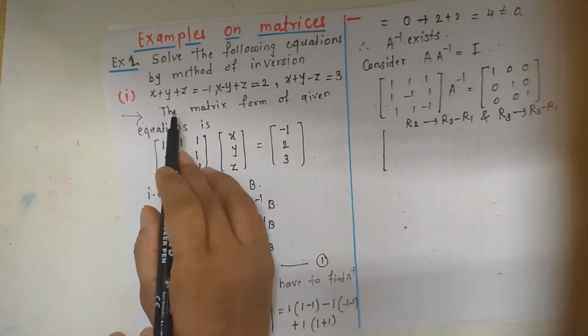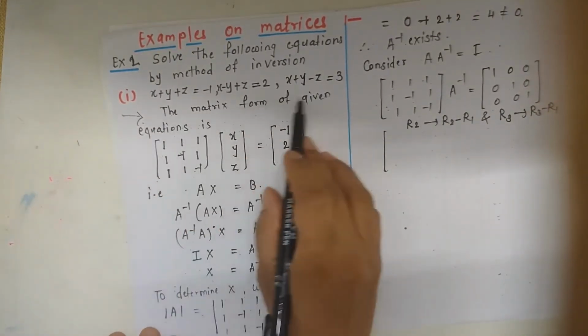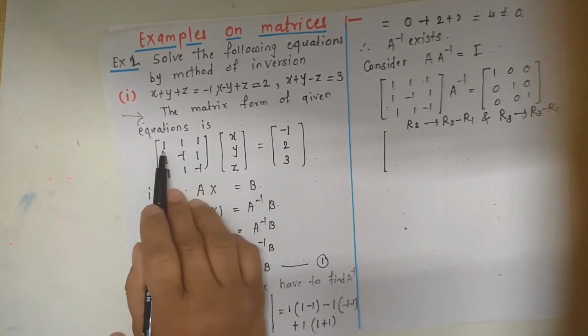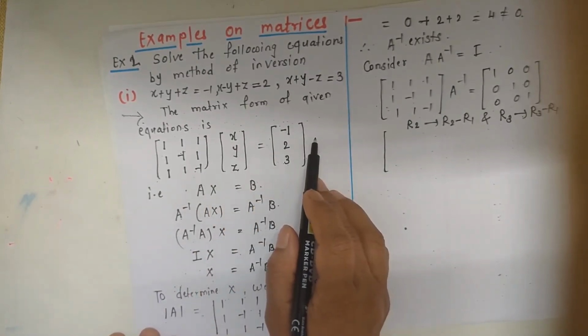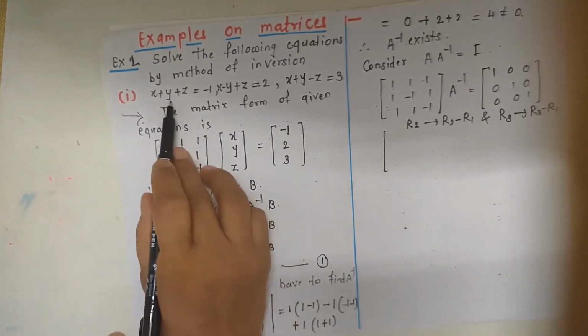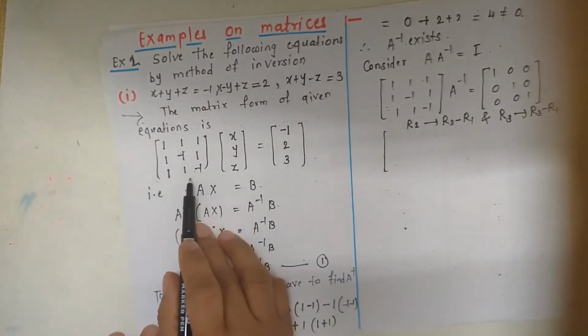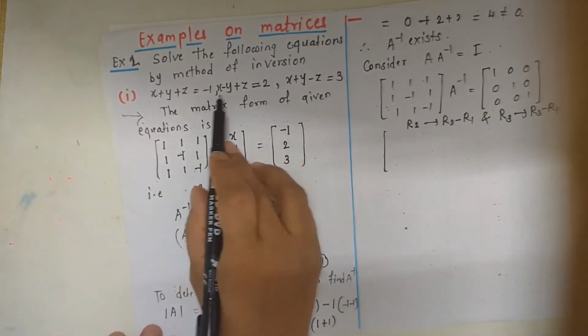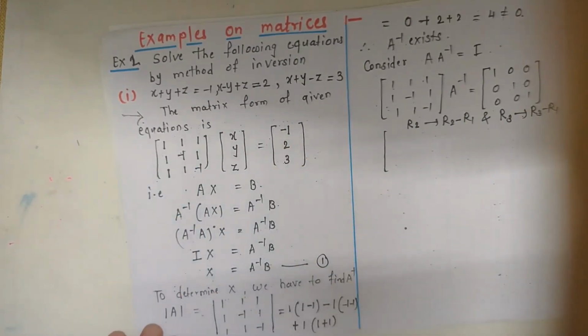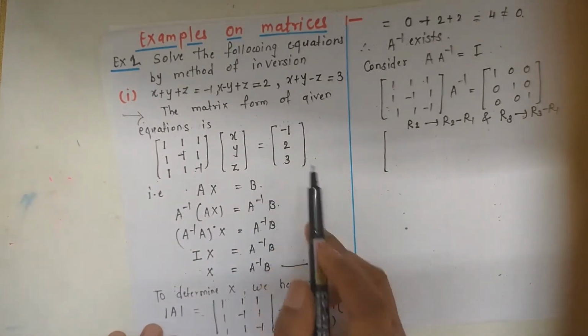So the first step is the matrix form of the given equation: coefficient matrix into the variable matrix is equal to the constant matrix. Write the coefficients of the given equations, then we get the matrix A into variable matrix X is equal to the constants minus 1, 2 and 3.